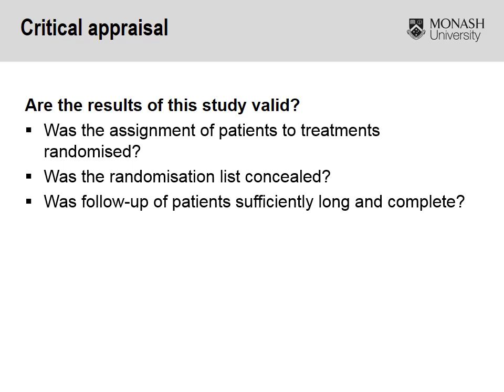The third question will look at the follow-up of patients, so identifying whether the follow-up was sufficiently long. I think it's fairly obvious there as it relates to the MRC study, but also complete, so regarding any particular dropouts.